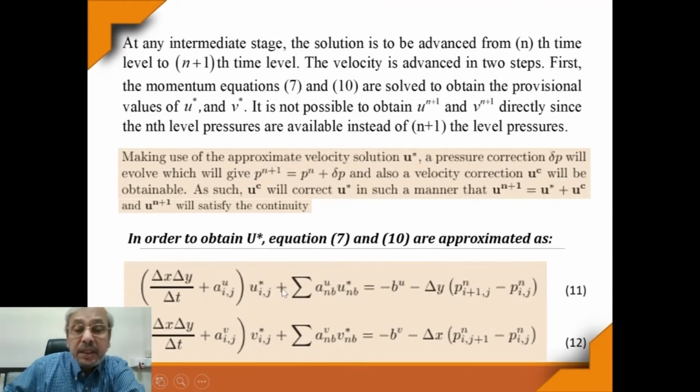That means that will be yet another equation with uij, ui plus 1j, ui minus 1j, uij plus 1, uij minus 1, but instead of star, we'll write C on them.